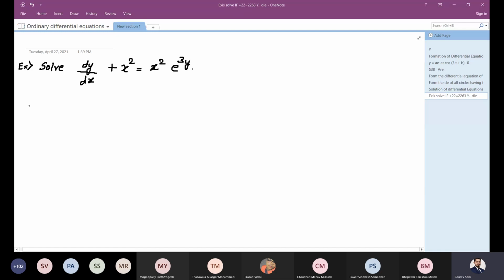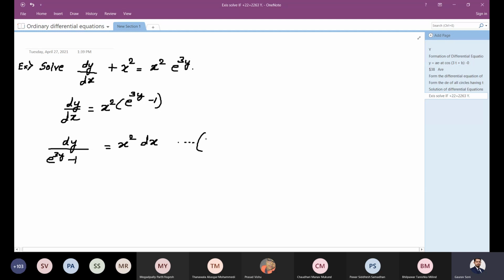So we need to solve this, and that will become dy by dx is equal to x square common in bracket, e to the power 3y minus 1. Please check the calculations. And so you can divide by e to the power 3y minus 1. So we get dy upon e to the power 3y minus 1 is equal to x square dx. Once both the variables are separated, this is called the variable separable form.